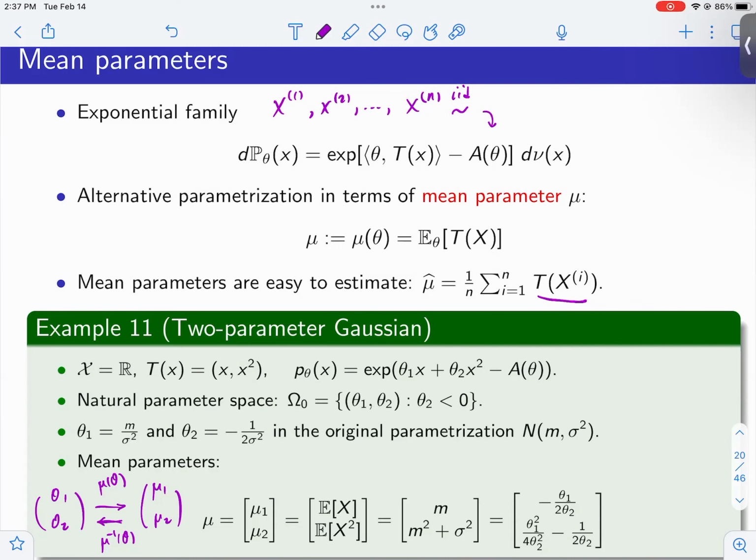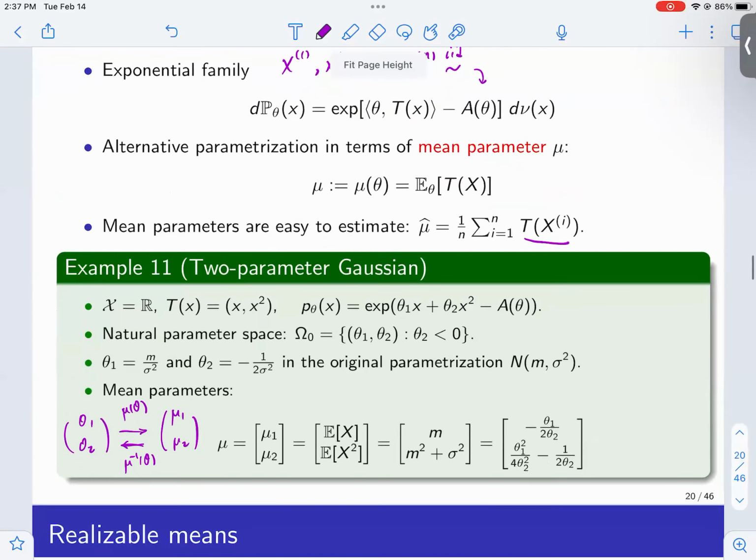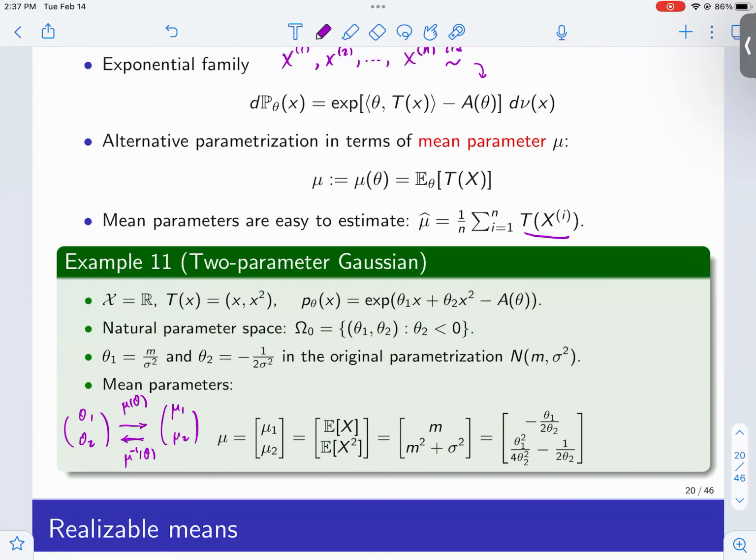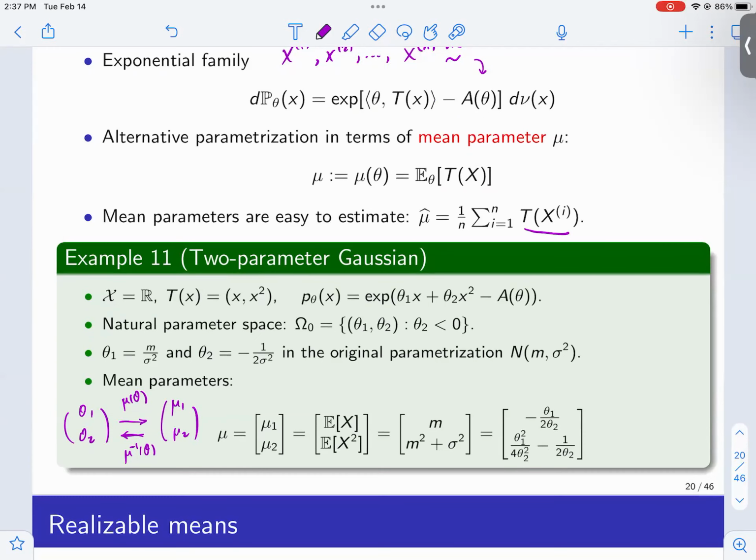Yes. So where does the use of the second moment come from? You got the mu 2 there. Because the parameter is two-dimensional. So T of x is, sorry, the sufficient statistic is two-dimensional. So the mean parameters would be just E of T of x, right? So it would be E of a vector, so it has to have two coordinates.